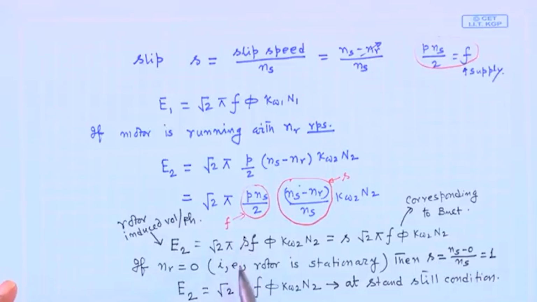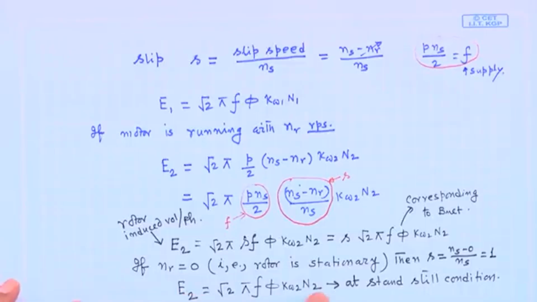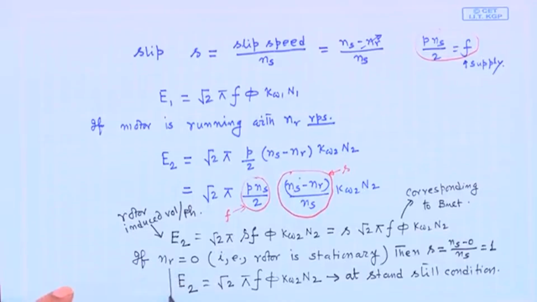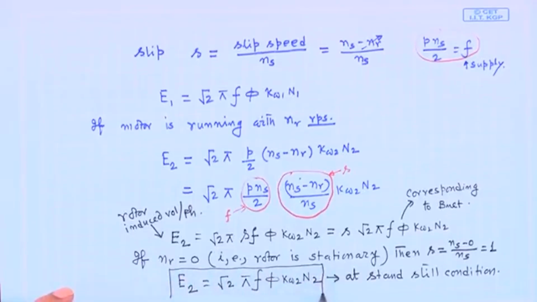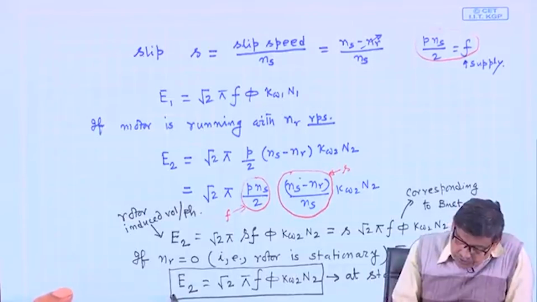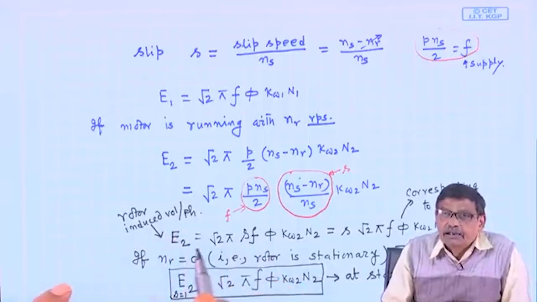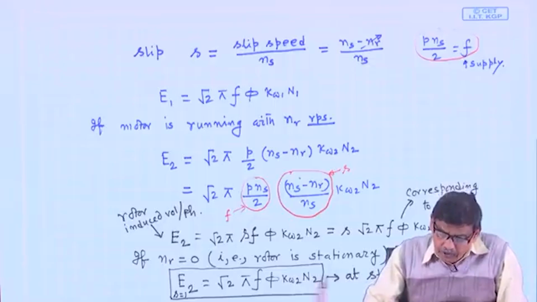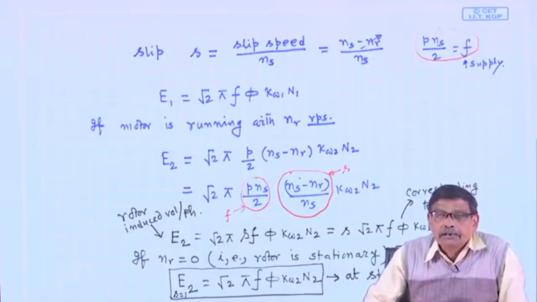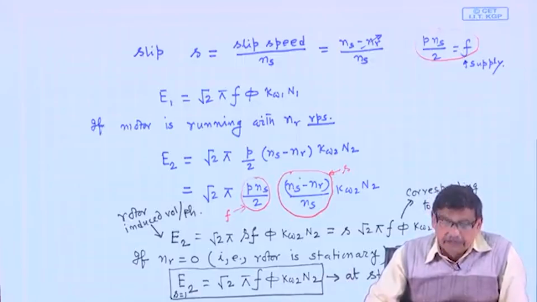So, you see the importance of S. S comes handy in expressing several things. For example, E2 is the induced voltage in the rotor under standstill condition, where you should write S equal to 1, and here it is the induced voltage when the rotor is running with a slip S. So, often the rotor speed is not directly expressed.